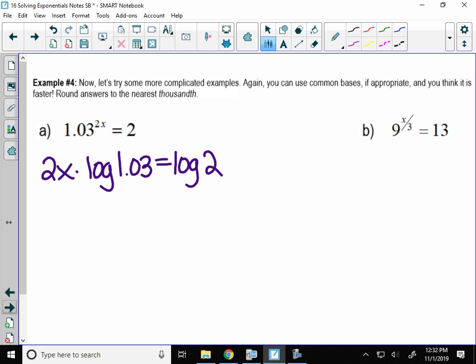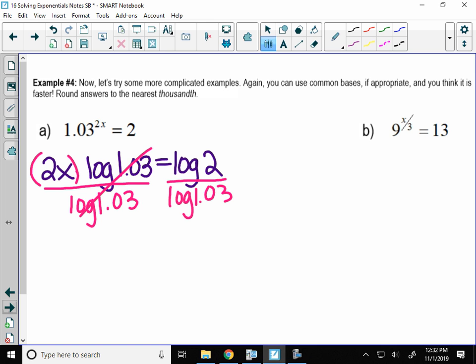And that would be to do all of the log stuff first. Don't touch this exponent guy until I move the log. Get all the logs on one side. So we're going to divide by log of 1.03. Now I know your instinct here is to pull out your calculator. Don't do it yet. Wait until the last step. You cannot round partway through because then your whole answer is going to be off.